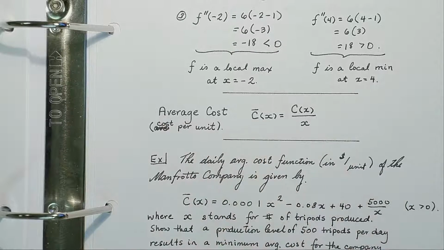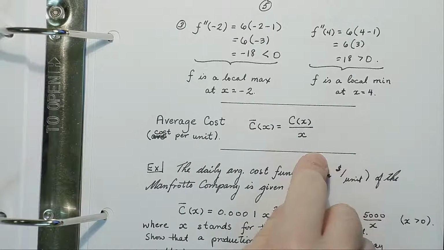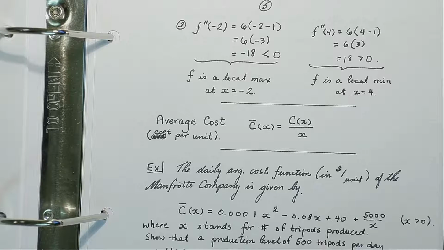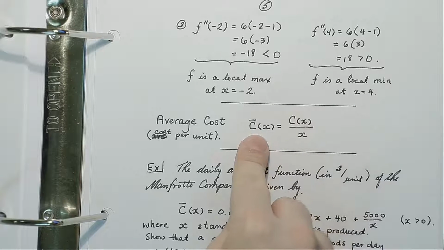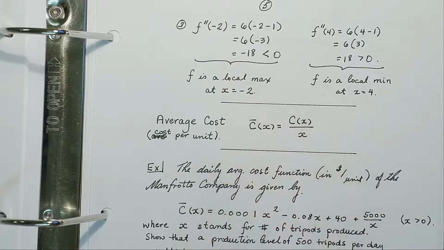So the average cost is just taking the cost and dividing by x. And then if I wanted the marginal cost, or the marginal average cost, then I would take this function and I would take the derivative of that.